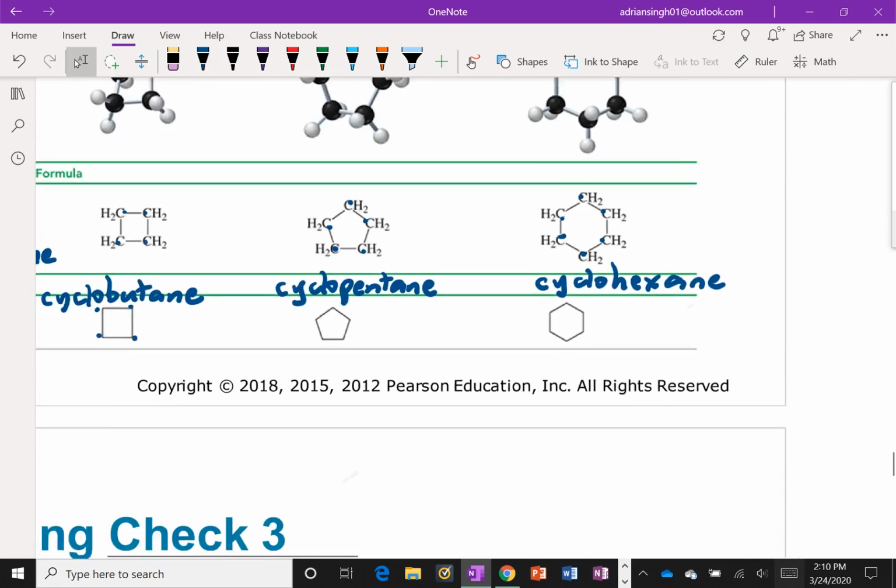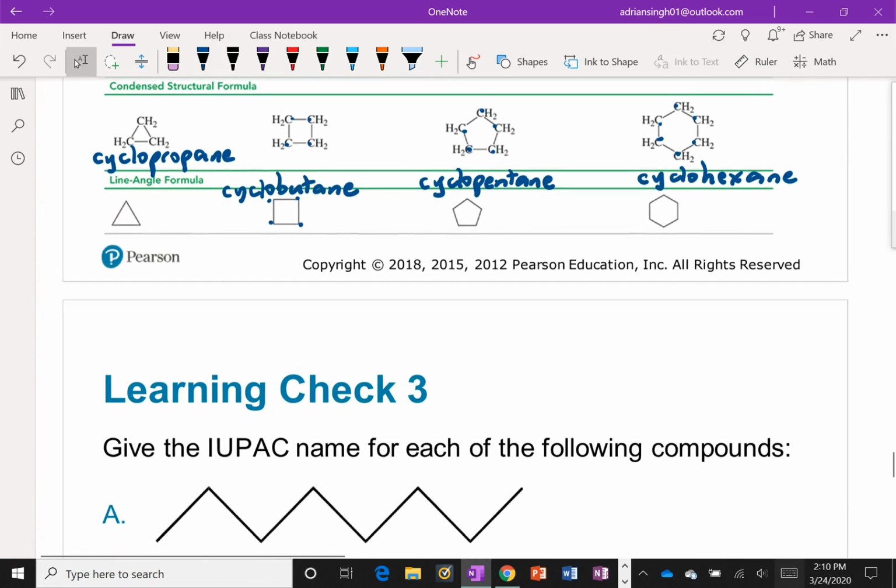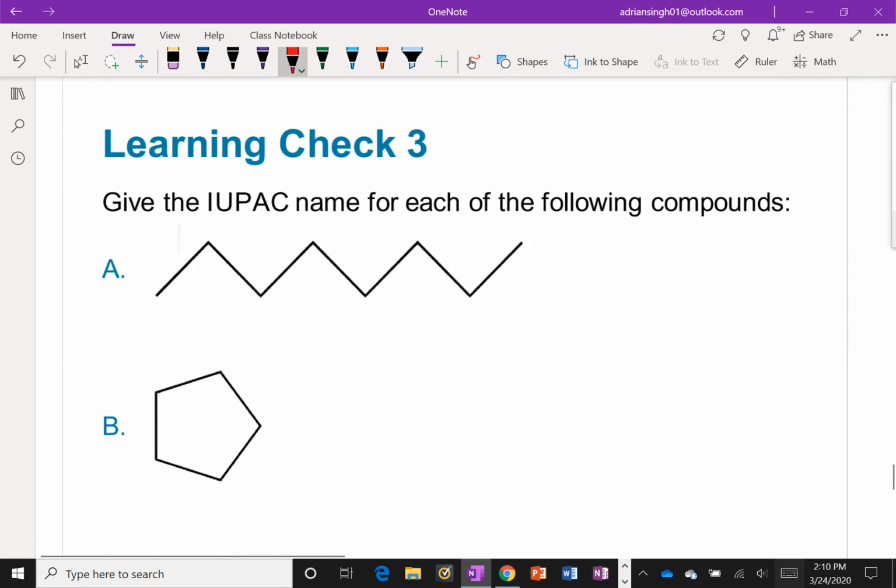So in these cases, you don't have the longest carbon chain, but you do have a ring structure. And what tells you how many carbons are in the ring would be that middle part of it, which is the prefix that we use for the longest carbon chain. In this case, the prefix for the number of carbons tells us how many carbons are in that ring structure.